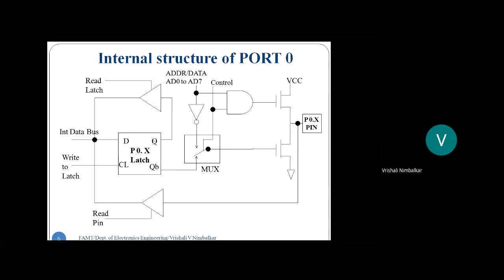Correct? So where is this Q connected? This Q is connected to a tri-state buffer. See here, the triangle one is called a tri-state buffer. Now from the name itself, it's a buffer. What does a buffer do?